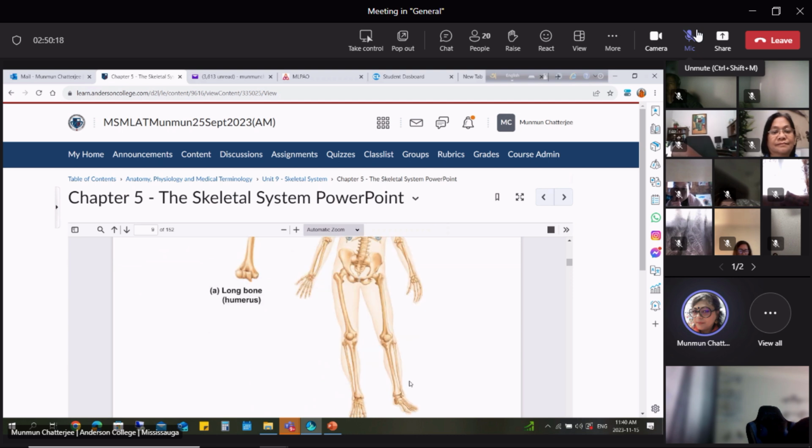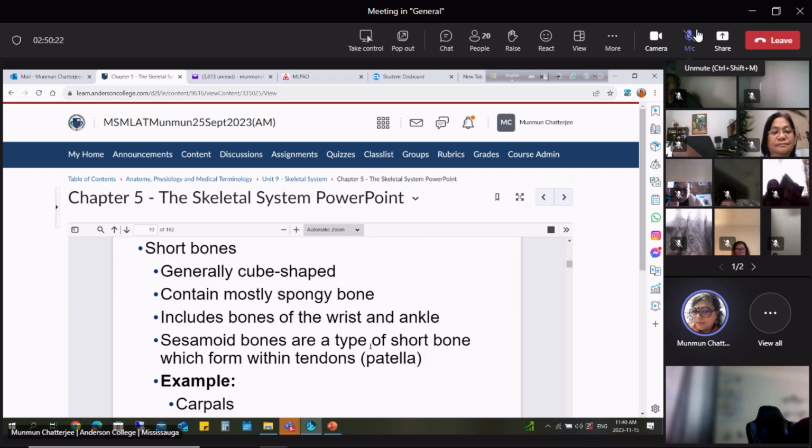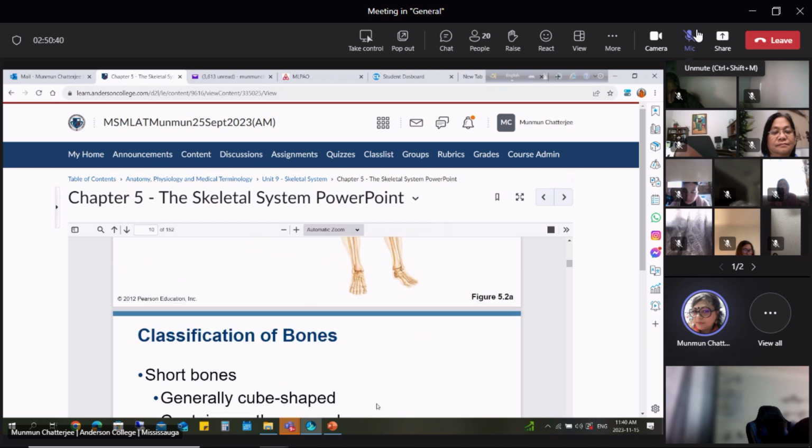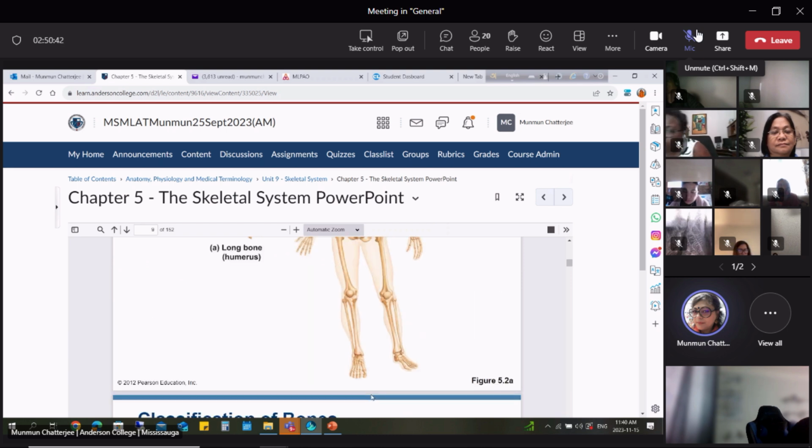The vertebral column is made of short bones, but with an irregular shape. That's why it has been considered as an irregular shaped bone.